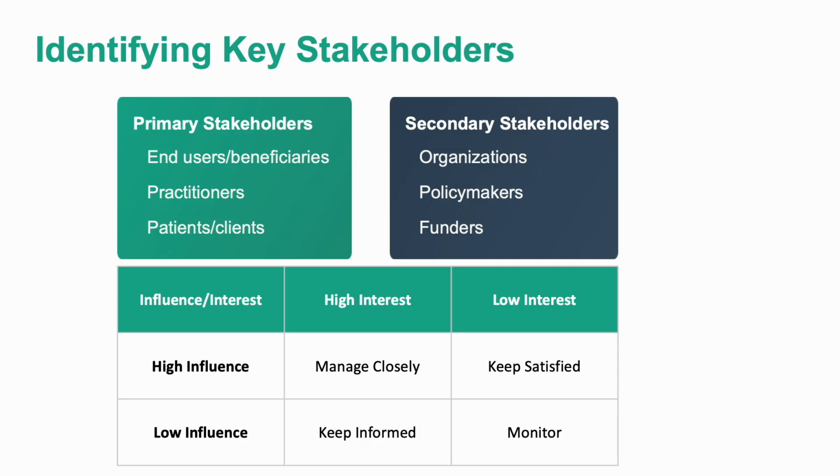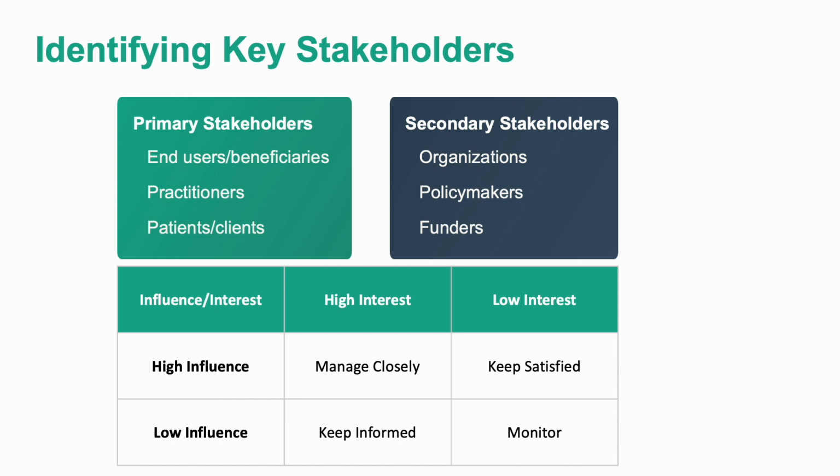Effective stakeholder identification uses this influence interest matrix. Primary stakeholders directly affected by the research: end users, practitioners, patients. They have high interest, but may have varying influence. Secondary stakeholders indirectly affected: organizations, policymakers, funders.